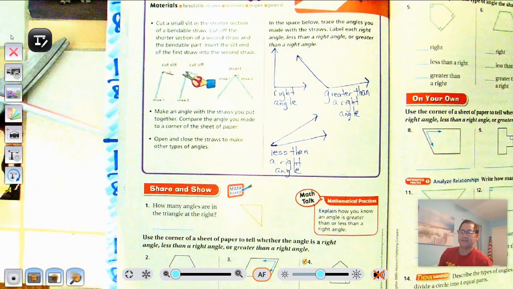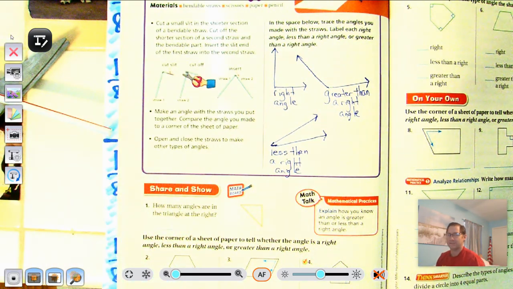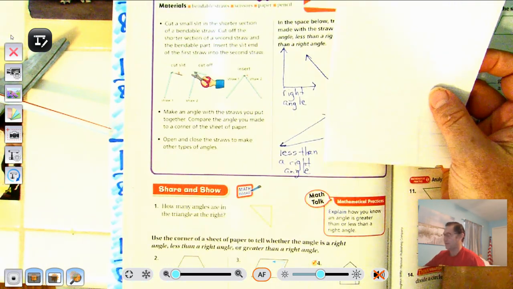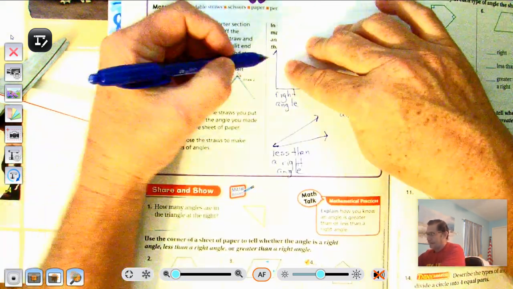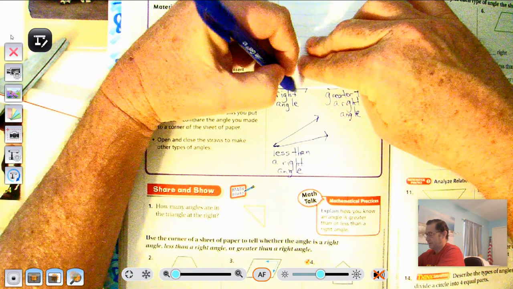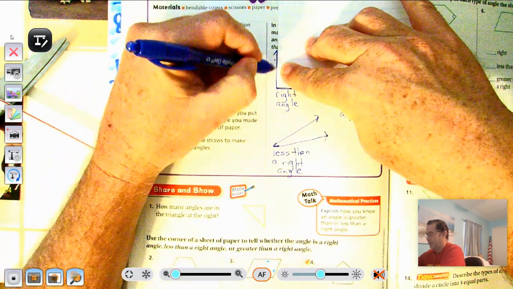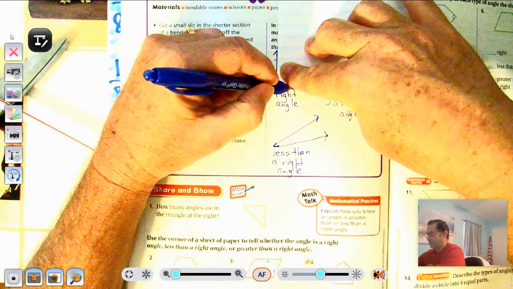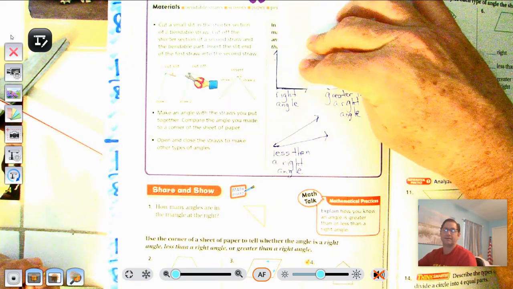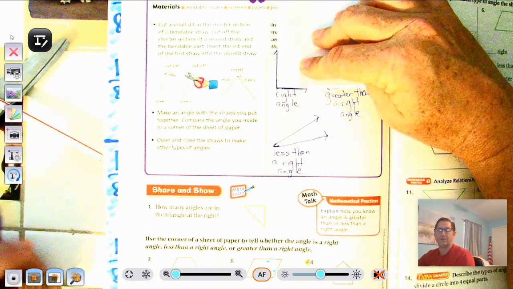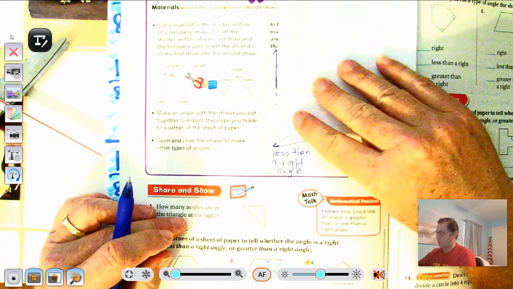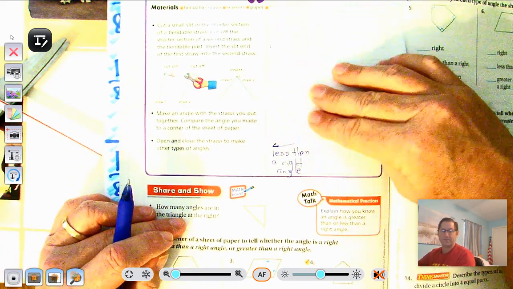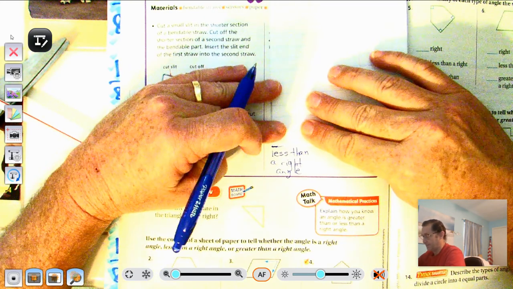Now, if I was using that with paper, how could I use this square piece of paper that I have? Well, if I put the corner of the paper and I can see the edge of both of the rays of my angle, that is a square corner. But now look what happens when I put the corner of the paper on this one.